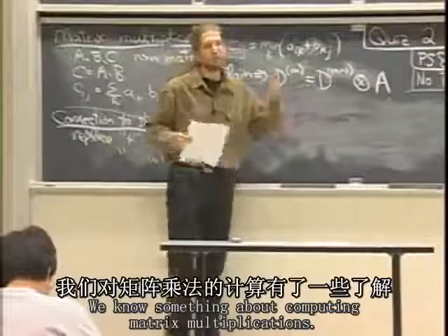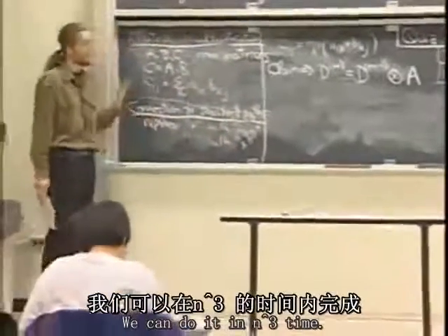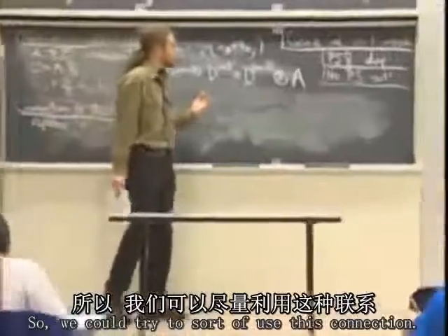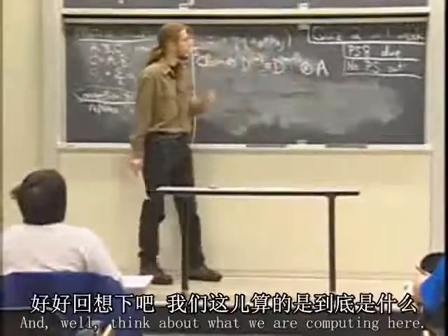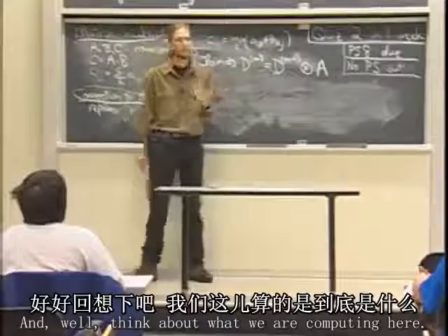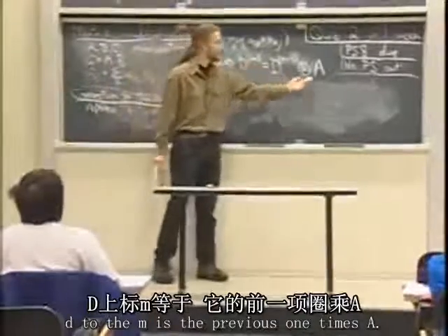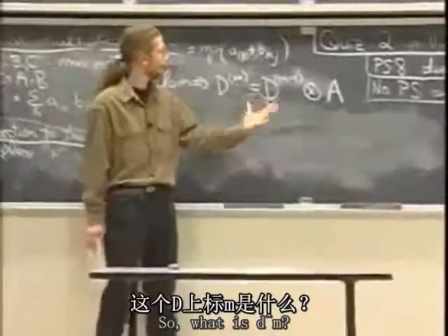We know something about computing matrix multiplications. We can do it in n cubed time. For a bit fancier, maybe we can do it in subcubic time. So we could try to use this connection. And think about what we're computing here. We're saying d to the m is the previous one times A. So what is d to the m?